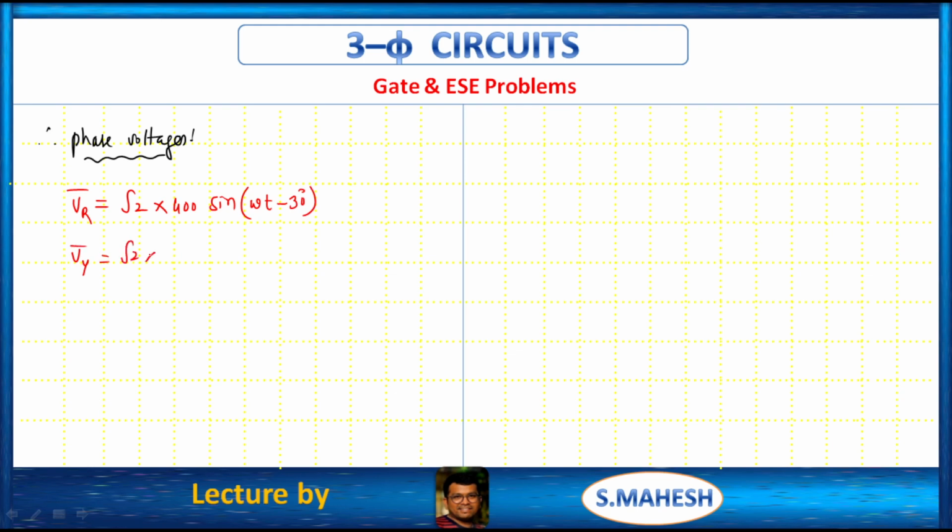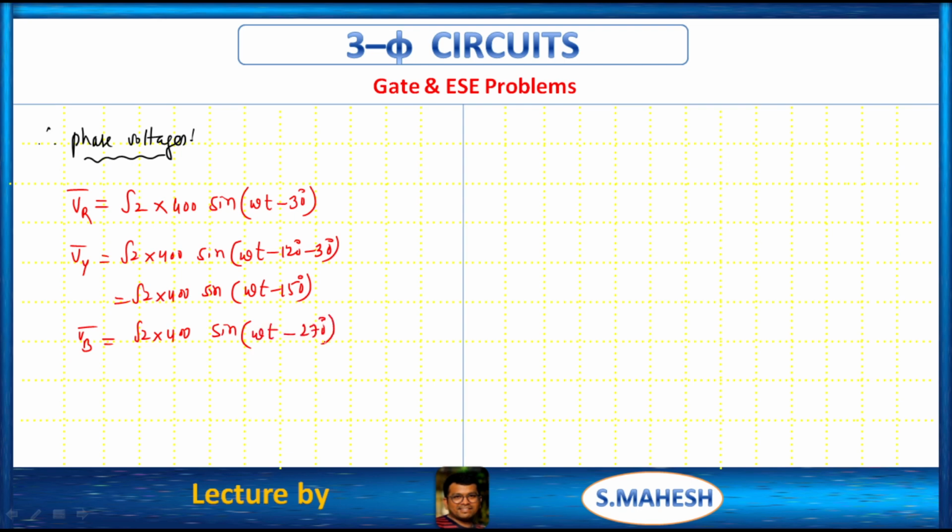VY is root 2 into 400 sin omega t minus 120 minus 30, which is equal to root 2 into 400 sin omega t minus 150. VB is root 2 into 400 sin omega t minus 240 minus 30, that is minus 270. This is the phase voltage representation in instantaneous form.